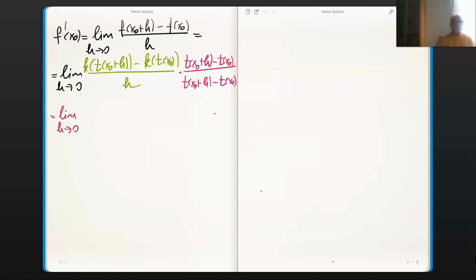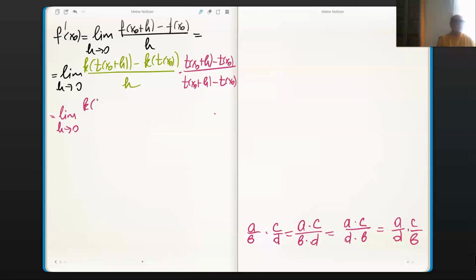Okay? So if I have, for example, a divided by b times c divided by d, I'm having a times c divided over b times d, and I could, for example, keep the numerators the way that I have them, but I have to rearrange the denominators, so I'm having a divided by d times c divided by b. So I'm doing exactly the same here.